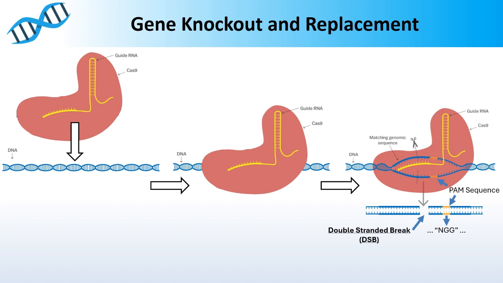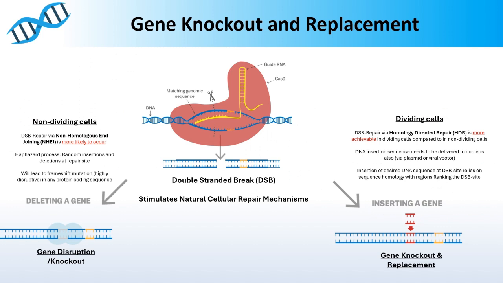This initiates, broadly speaking, one of two natural DNA repair mechanisms in cells. In cells that are not dividing, this will typically take the form of non-homologous end joining, which is a quick but haphazard repair mechanism, and it typically results in the random insertion or deletion of bases at a cut site after the cuts are repaired.